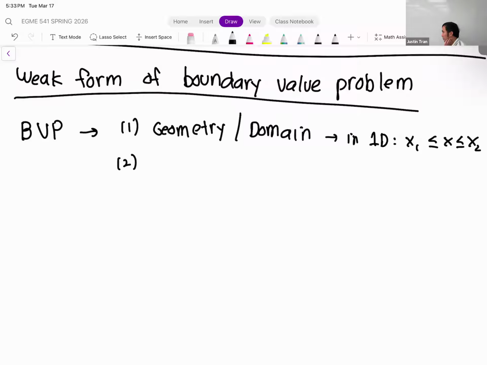Number two. The next ingredient to a boundary value problem is your governing equation. That is always going to be some kind of differential equation for our purposes. Specifically, we're focusing on second order differential equations.